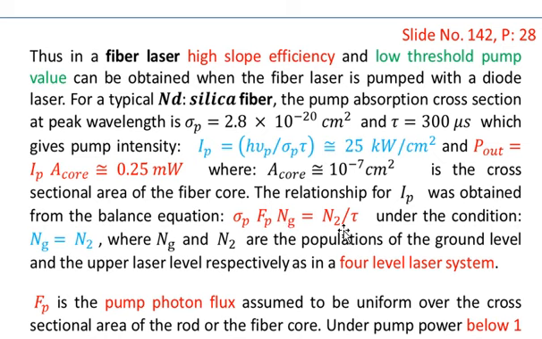On the left hand side we have the pumping term, and on the right hand side we have the spontaneous emission, and these two rates, the absorption rate and the spontaneous emission rate, are equal. It is given by sigma p times Ip times Ng equal to N2 divided by tau, under the condition that Ng is equal to N2, where Ng and N2 are the populations of the ground level and the upper laser level respectively, as in the case of a 4-level laser system.